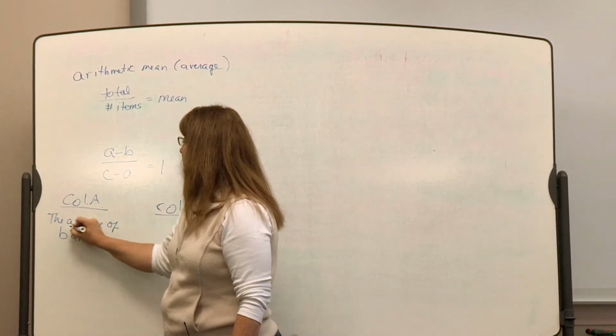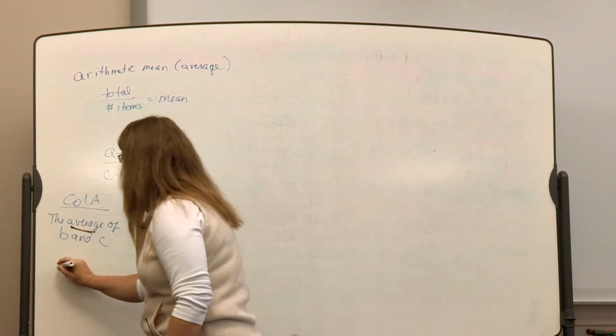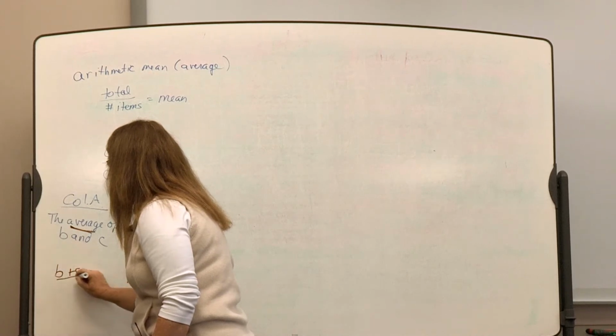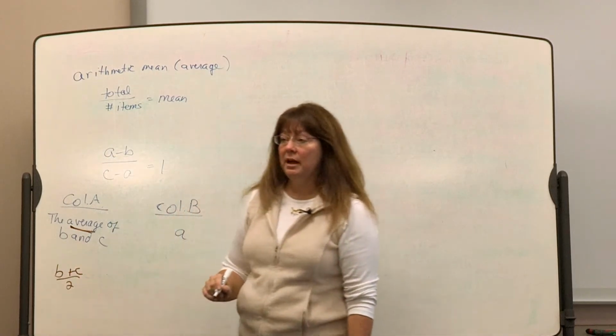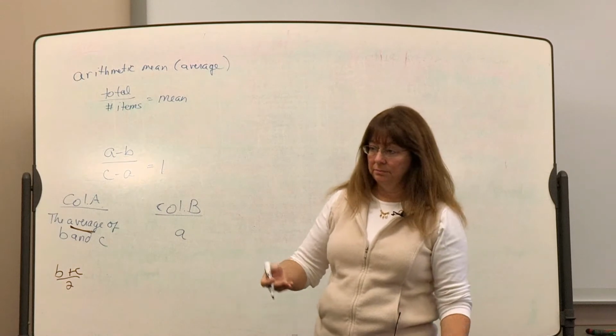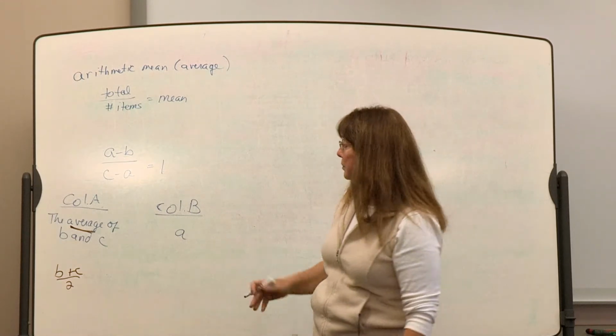That's what the average means. So if I want the average of B and C, I'm looking at adding B plus C up and dividing it in half. That should give me the average because I have two numbers, B and C. So add them together, divide them in half, and that would be the average.